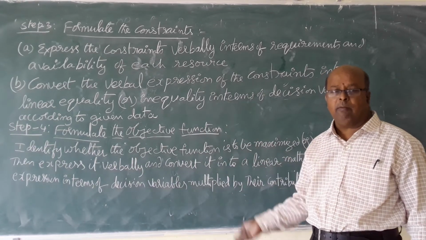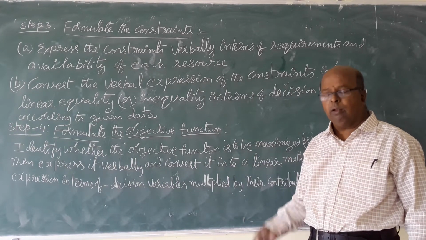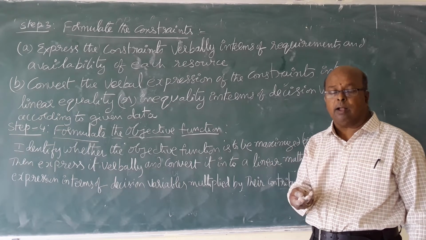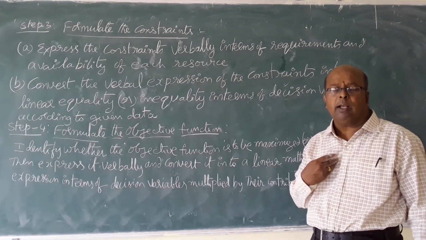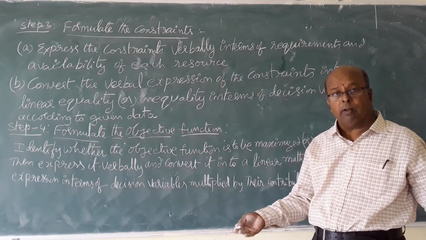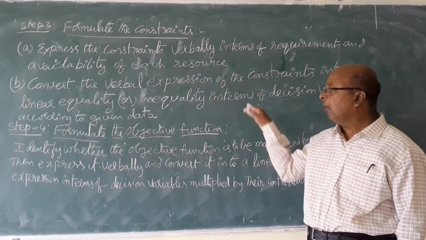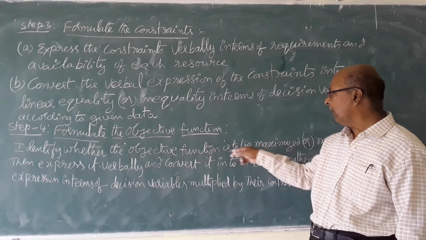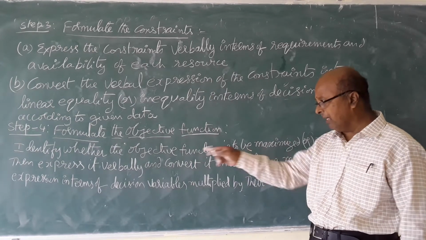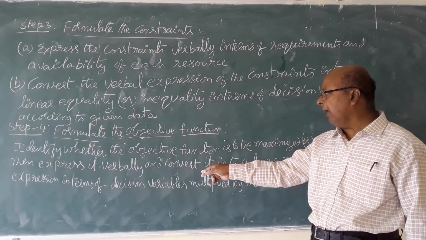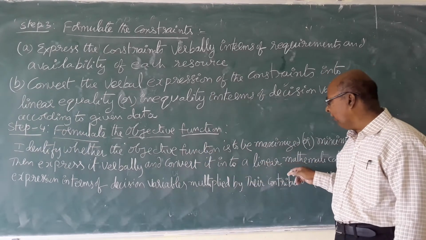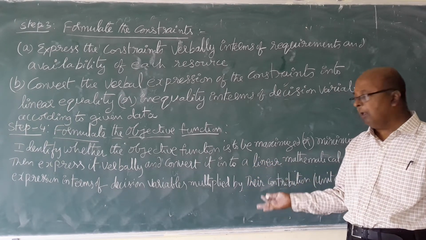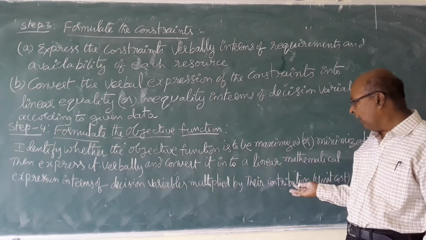So, solving a linear programming problem means first we have to obtain the objective. What is our goal? Getting maximum or getting minimum, that is our goal. So, getting the objective function is very important. Identify whether the objective function is to be maximized or minimized, then express it verbally and convert it into a linear mathematical expression in terms of decision variables multiplied by their contribution.